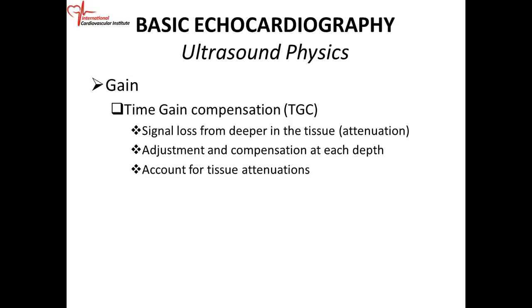So what you do is you adjust and compensate for each depth, and that's what those buttons stand for. Each depth you can adjust and compensate the gain. So you can lessen the tissue attenuation with depth, and improve the image at a greater depth.